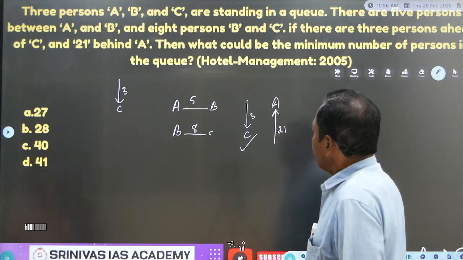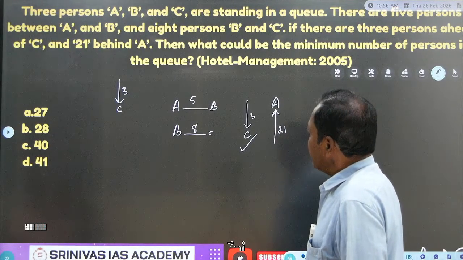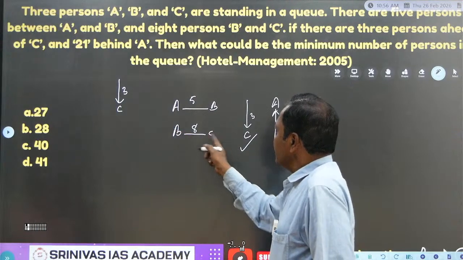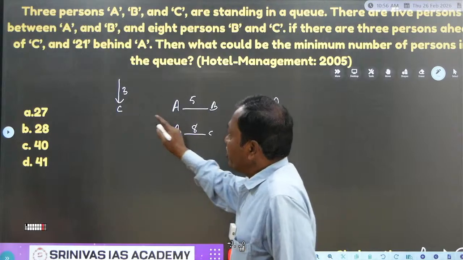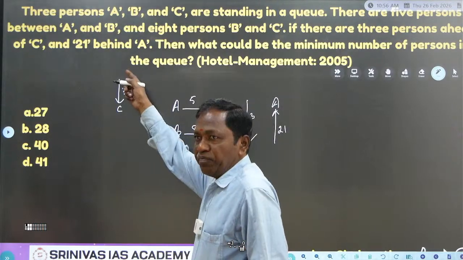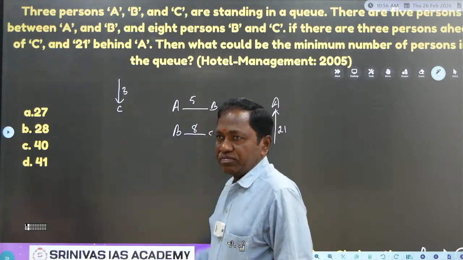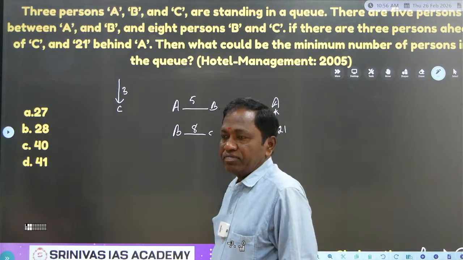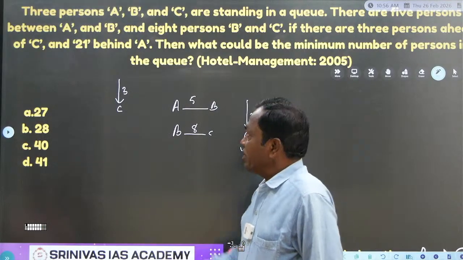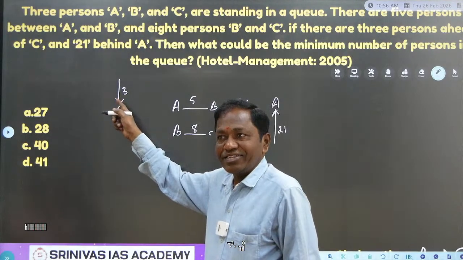Next, C and B, there are 8 people. Where do you put B, above or below? Both sides? How is it possible? Because above C there should be only 3.